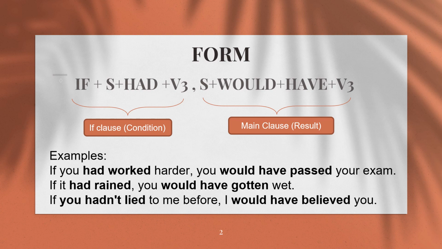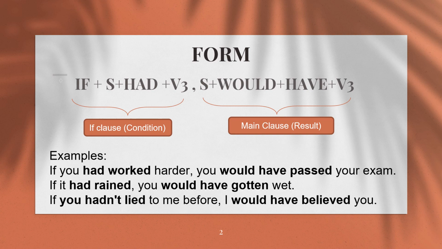So it is quite important for you to know and to remember the third verb, because in formulating the third conditional sentence, both if clause and main clause are using verb 3. Let's see the example. The first one, if you had worked harder, you would have passed your exam.